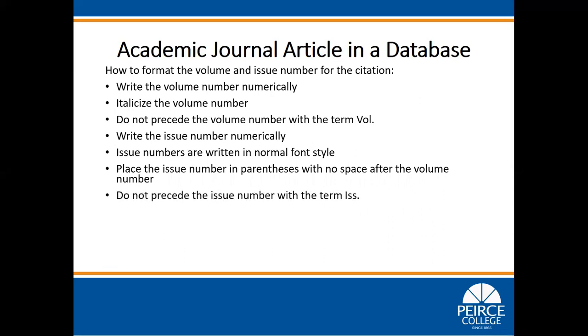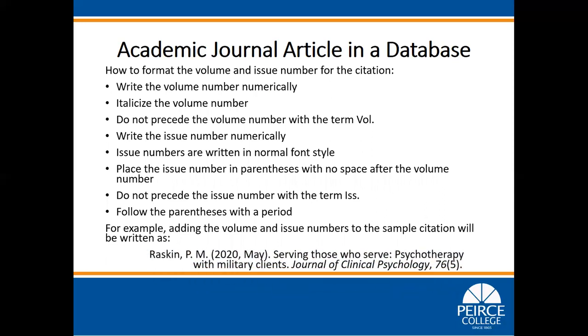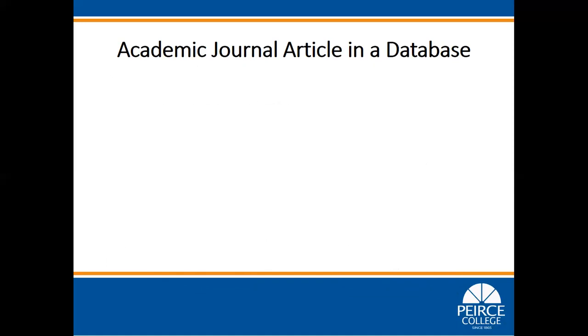Do not precede the issue number with the term ISS. Follow the parentheses with a period. For example, adding the volume and issue numbers to the sample citation will be written as 76, in italics, (5), period.